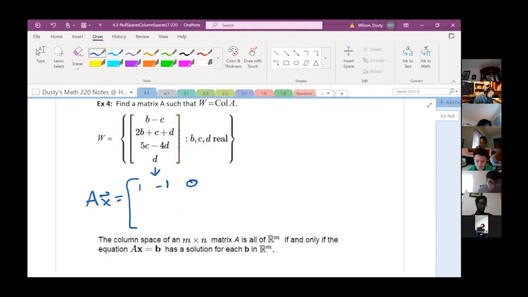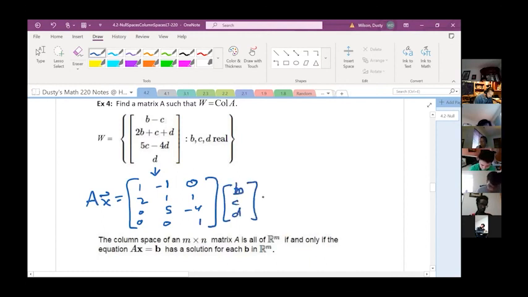1, -1, 0, 2, 1, 1, 0, 5, -4, 0, 0, 1 times B, C, D. Okay. Just making sure you're seeing what's going on. Here's the 5 and the -4 that are matching with the C and the D. Okay.